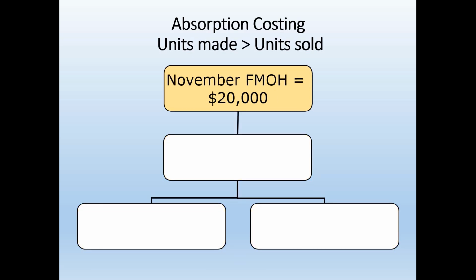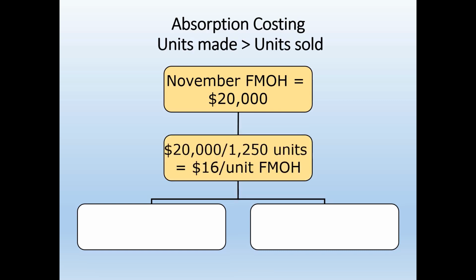Now let's look at November. We still have $20,000 of fixed overhead, but when we divide by the total number of units, since there are more units, each unit carries a smaller load, in this case $16 per unit.